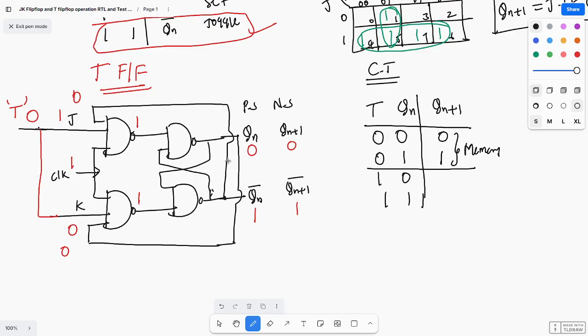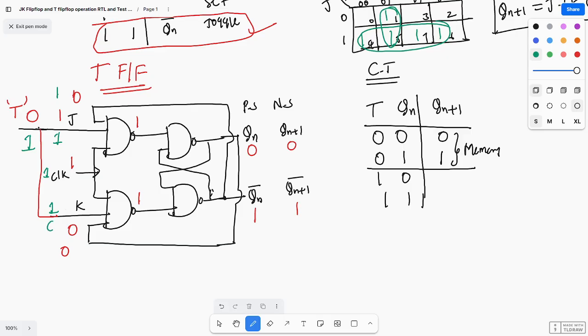Next, if T is 1, then J equal to 1 and K equal to 1. Clock is 1 anyway. With the feedback, this is 1 and here you are getting 0.